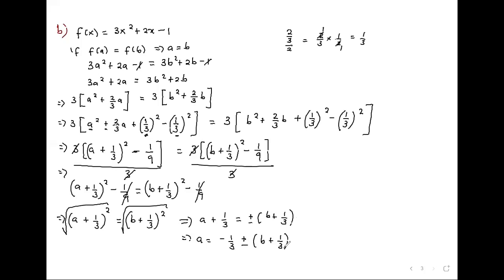So this means that this function f is not 1-to-1. Because the two conditions must be satisfied for a function to be bijective, and we have seen that it's not 1-to-1. This means that f is actually not bijective. F is not bijective.